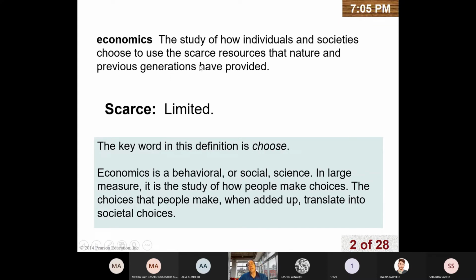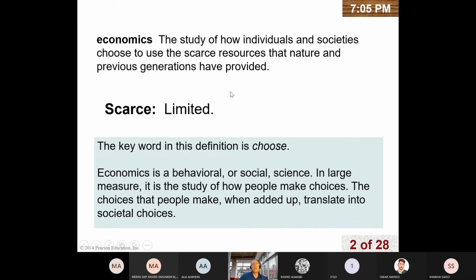So unfortunately, resources are limited or scarce, while our needs, our desires are increasingly so many, too many. So we need economics to help us how to choose these resources.